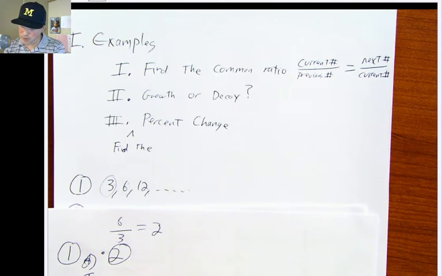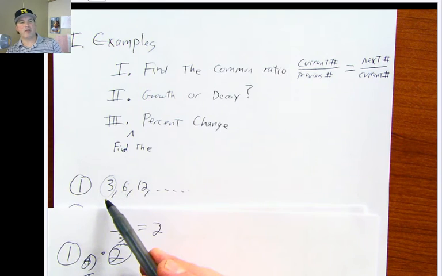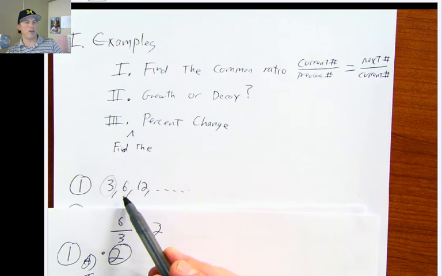Then, percent change. How are we going to do percent change? Well, if you were at 3 and then you're at 6, how much of a percent change is that?